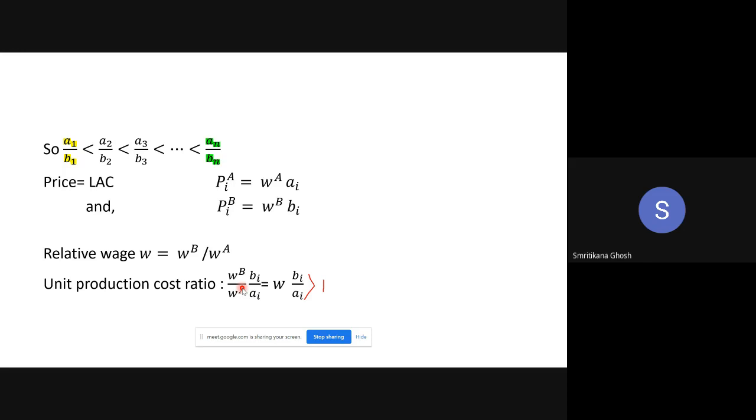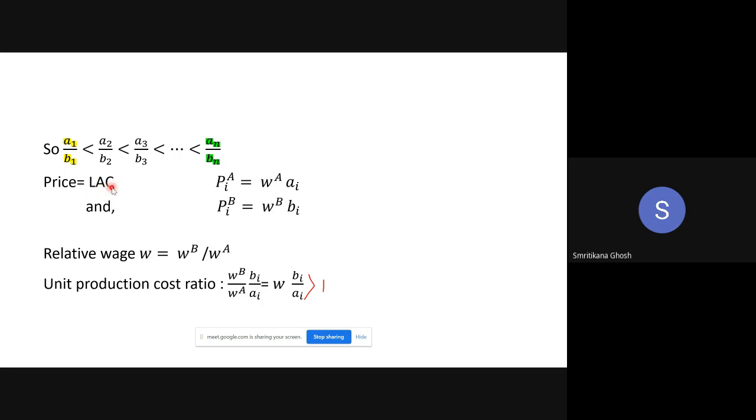Right? So in that case, what will be produced by country A? We know country A should produce commodity 1 and export it to country B. LAC is lower. If you try to understand in terms of cost, you can also do it.